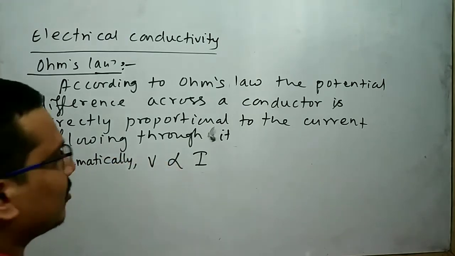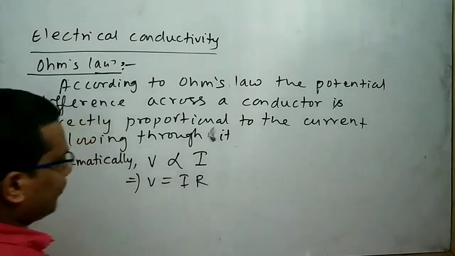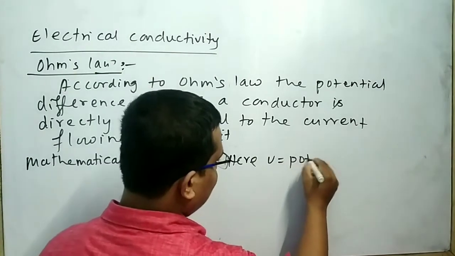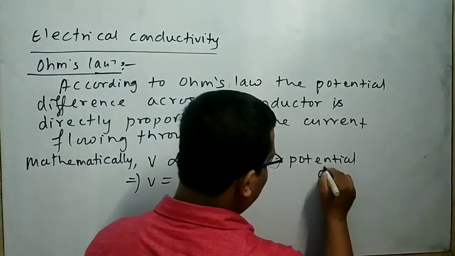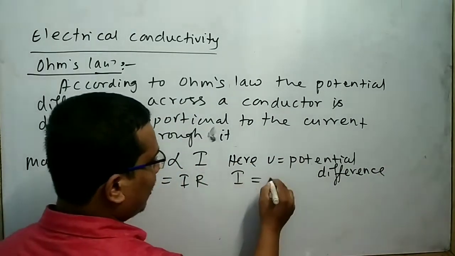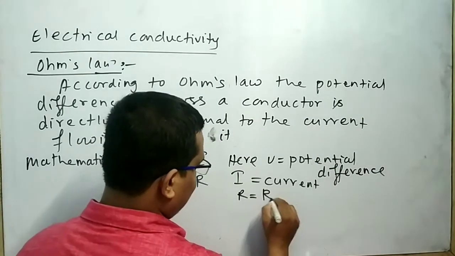Mathematically I can write V proportional to I, which implies V is equal to IR. Here V is the potential difference, I is the current, R is the resistance.